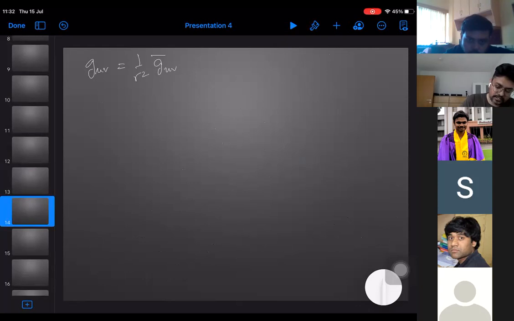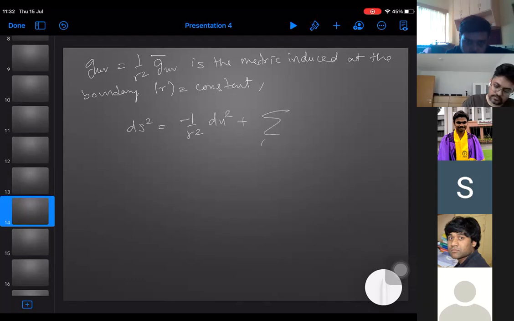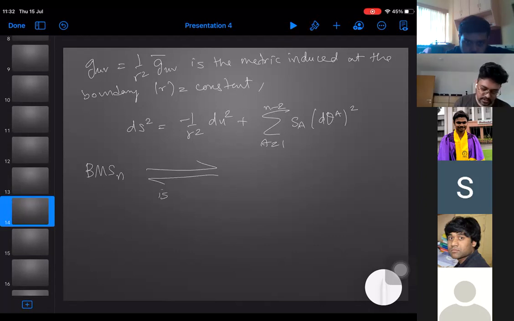It is the metric induced at the boundary R, which is equal to a constant. So this is basically given by this.